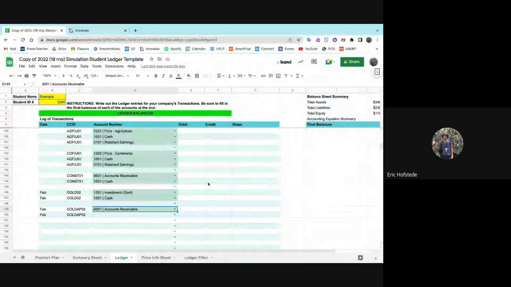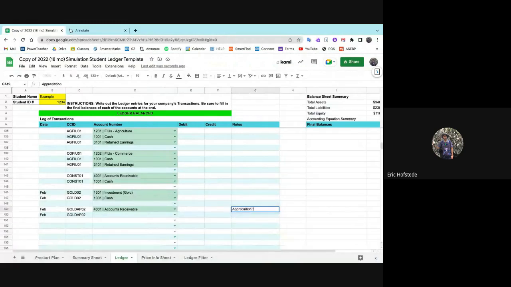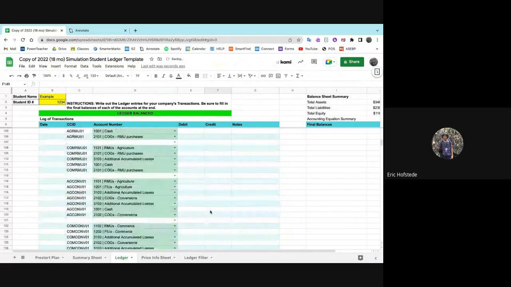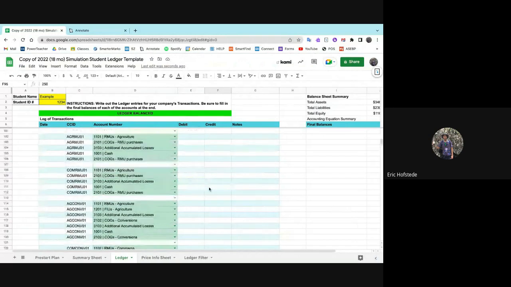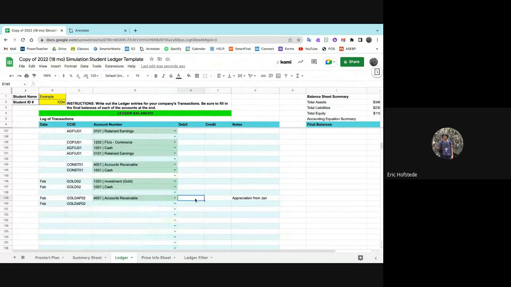So that means I need to credit my accounts receivable. And this is from the previous month. So you can make a note that this is the appreciation from January. And I could go back up and double check how much that actually was. It was $250. All right, so I'm going to credit that $250 from my accounts receivable.